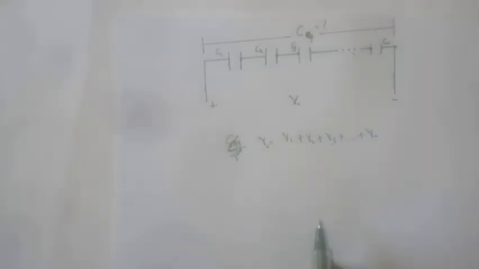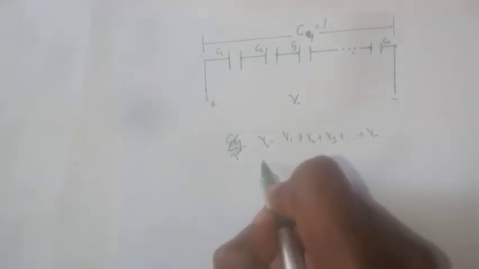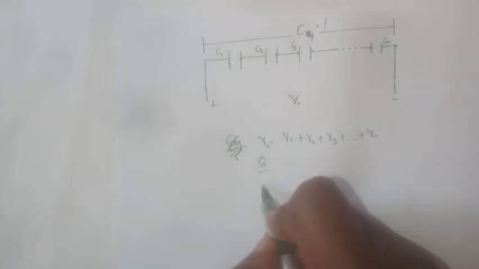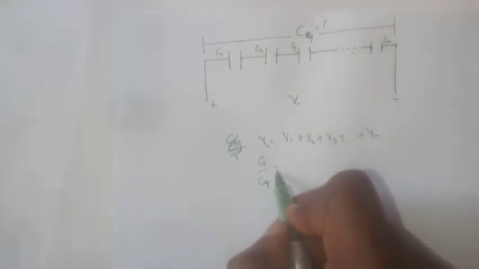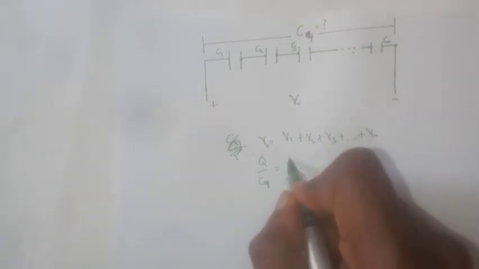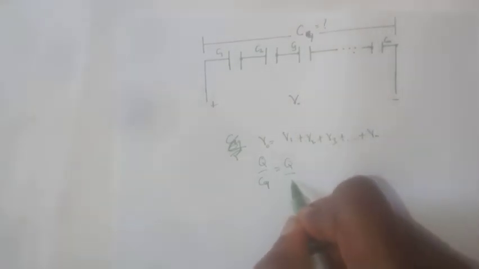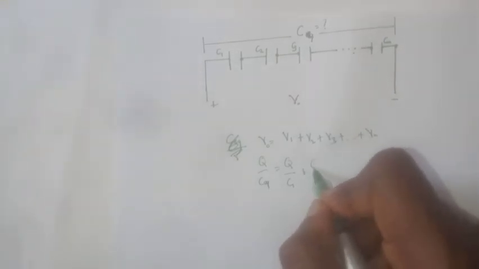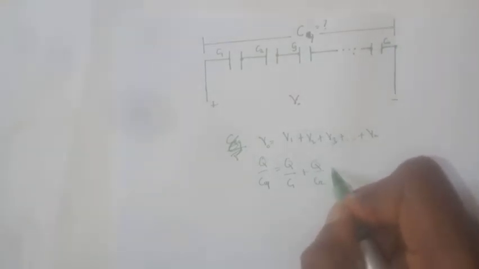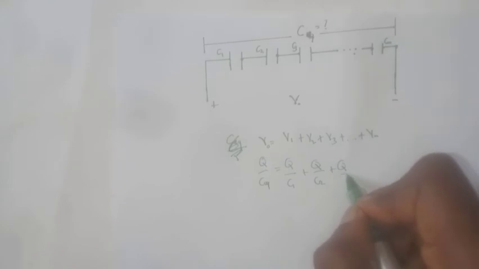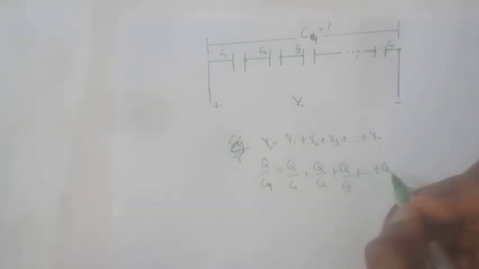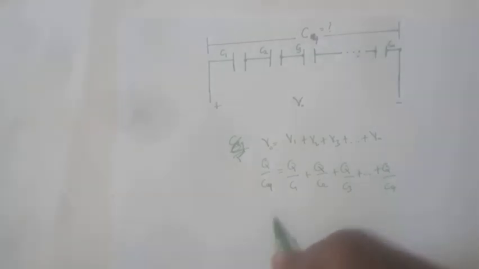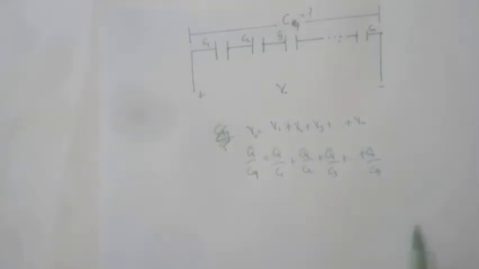And then we can say that Q over CEQ, that's the equivalent, is equal to Q over C1 plus Q over C2 plus Q over C3 plus dot dot dot Q over Cn.